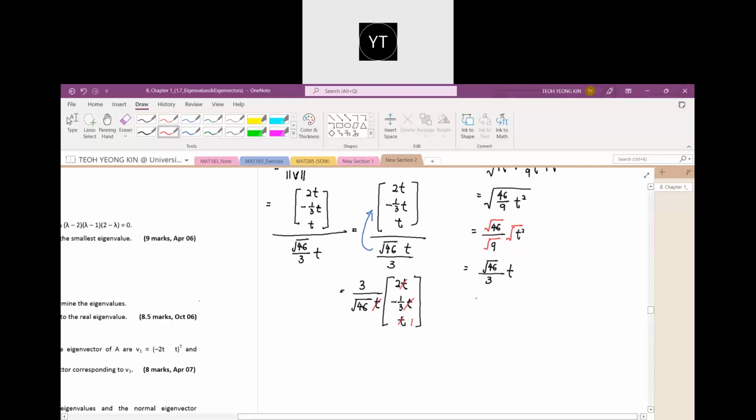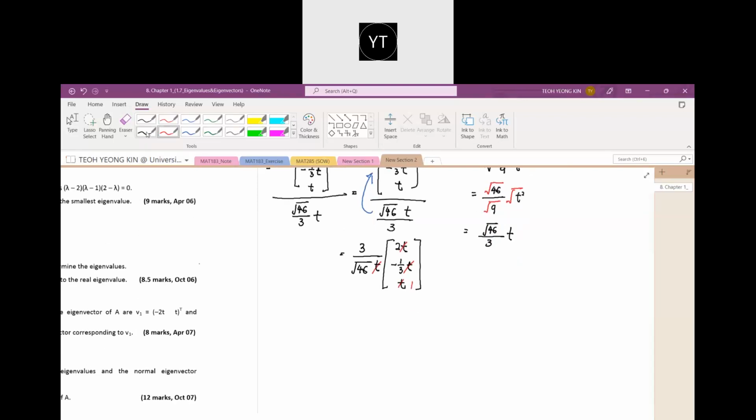So we should get 1 here. So finally, our normal eigenvector is 2, negative 1 over 3 and 1. Nak darab masuk pun boleh. Or you can just left your answer in this form. You can multiply into the vector or you can left your answer in this form.